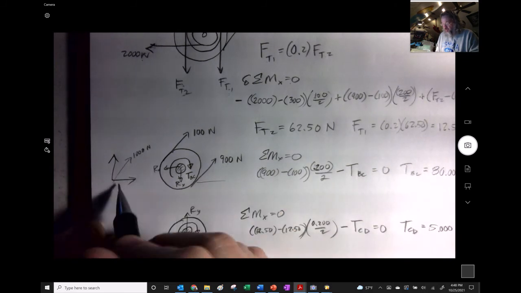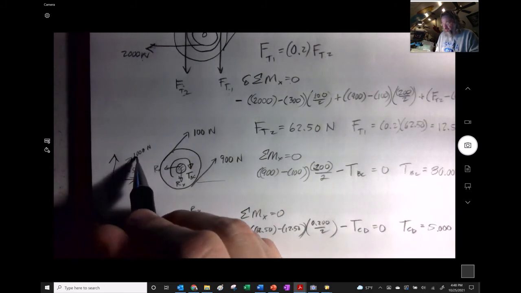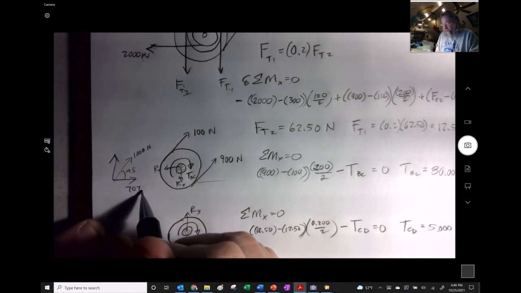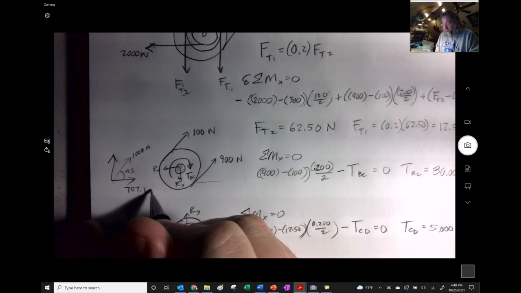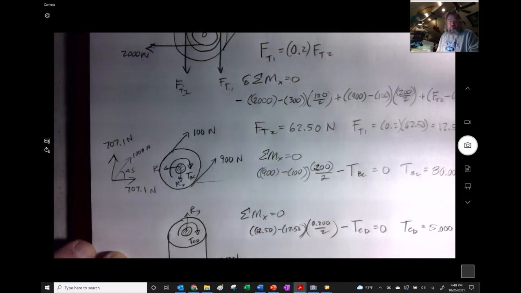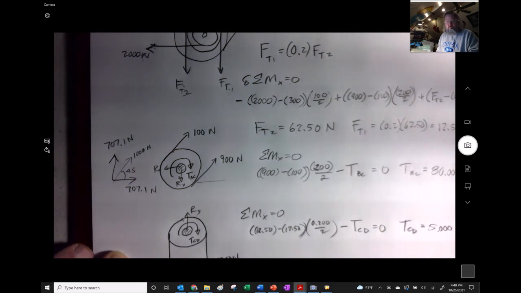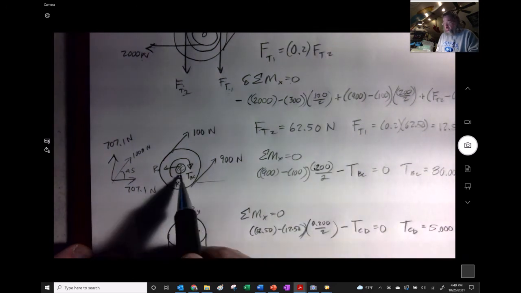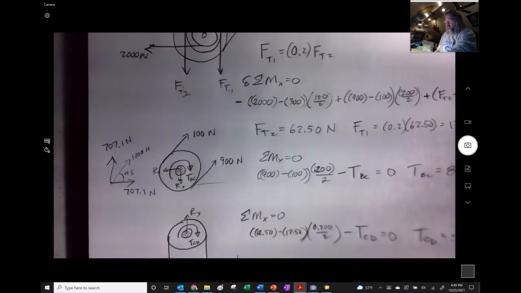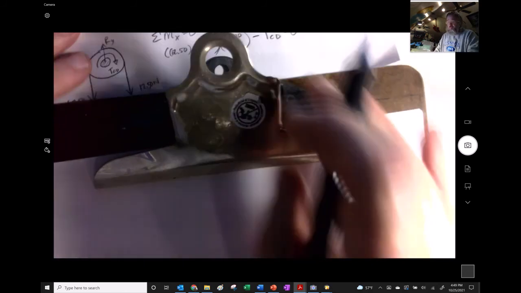Therefore, in the horizontal direction there's going to be 707.1 newtons, and 707.1 newtons in the vertical direction. I just wanted to point that out before I go to this portion of the problem.